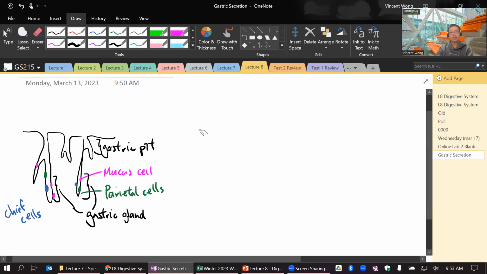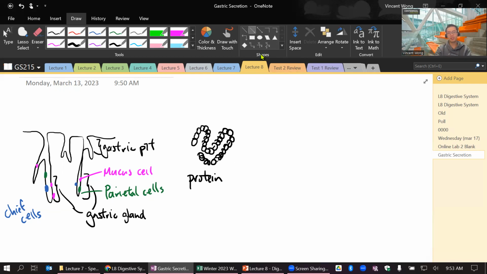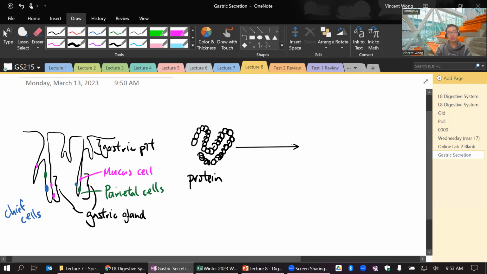Let's say we eat some proteins. Proteins are made up of amino acids. Here is a protein. When it's all folded up in its 3D shape, it's really hard to break it down. So you have to unravel the protein, and in order to unravel the protein, we need a little bit of hydrochloric acid.